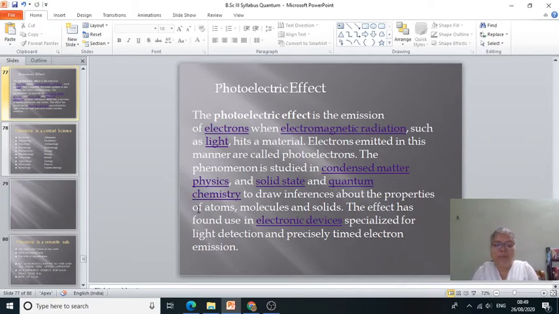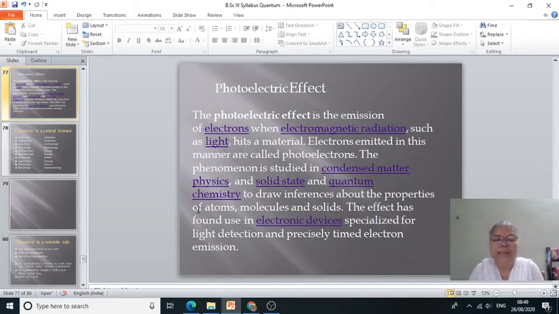Then the fourth characteristic, even at a low intensity, electrons are ejected immediately after the frequency of light is above the threshold frequency. According to classical theory, the energy of light depends on intensity. Hence, it fails to explain the photoelectric effect.